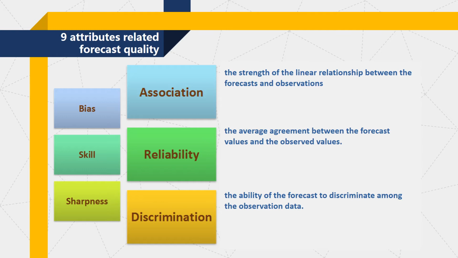Reliability. It is about the average agreement between the forecast values and the observed values. Discrimination. It is about how the forecast can discriminate among the observation data.